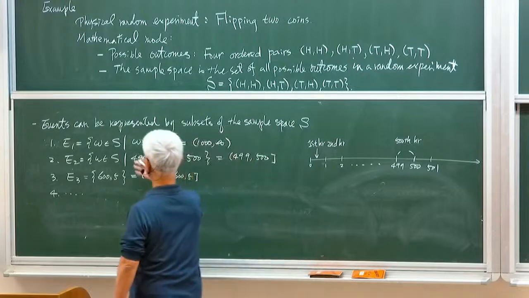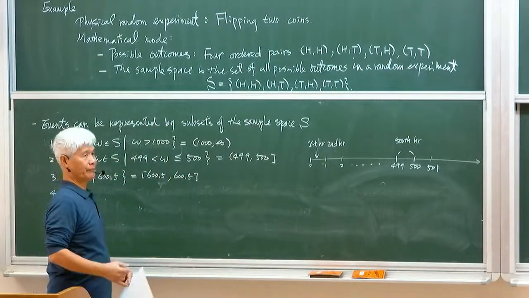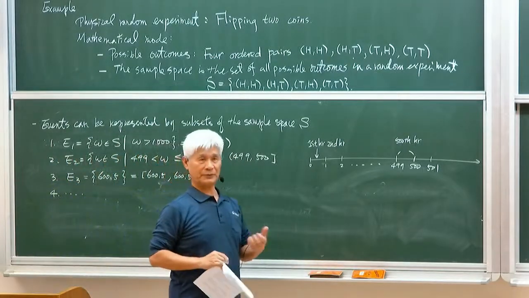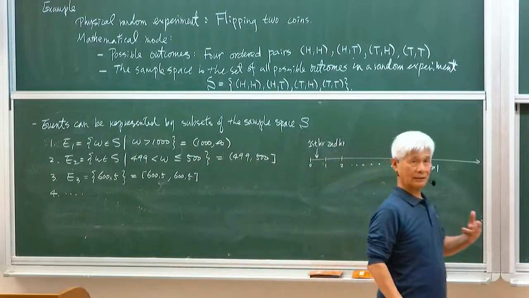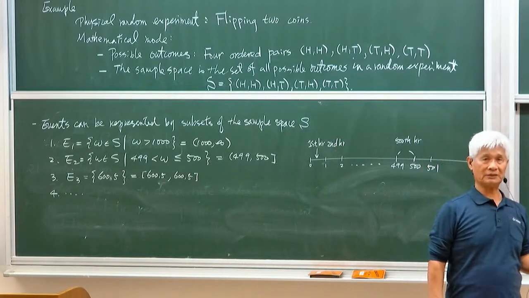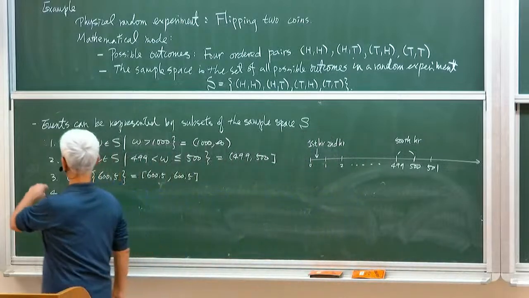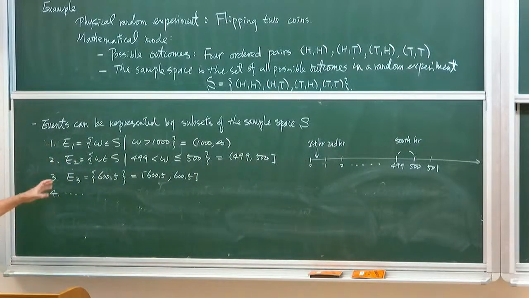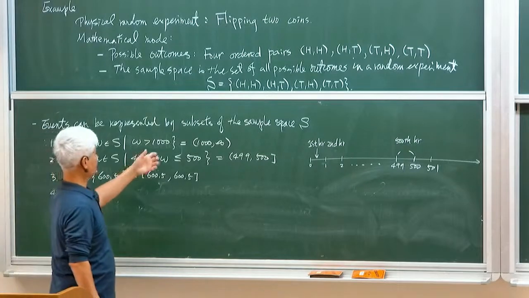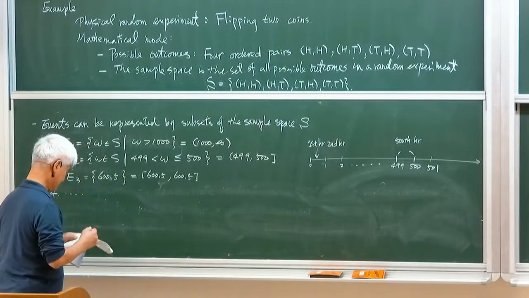You can see that I have a verbal description about the outcome of these running experiments, which we call events. And every event can be represented by a subset of the sample space.